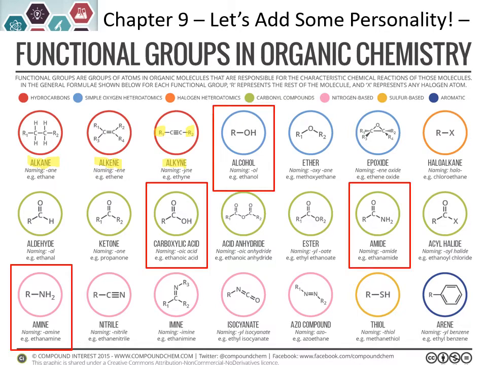One of the functional groups is going to be an alcohol. An alcohol is a carbon-containing molecule that is attached directly to an oxygen and a hydrogen. And this is what we call an alcohol. The name of an alcohol ends in OL. A really common one of these is ethanol.